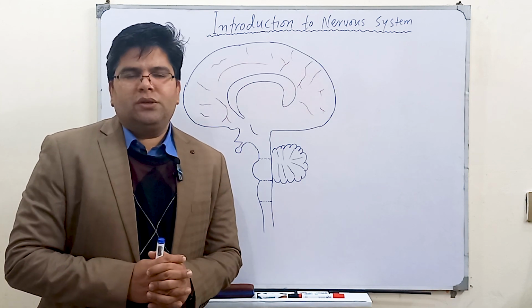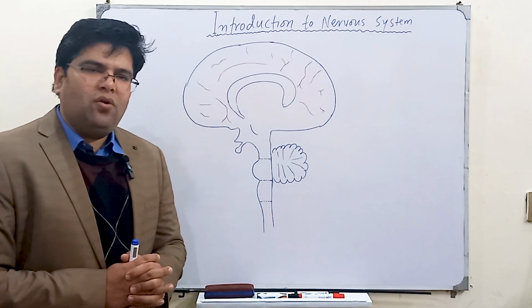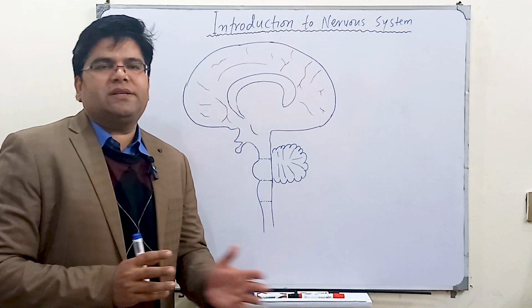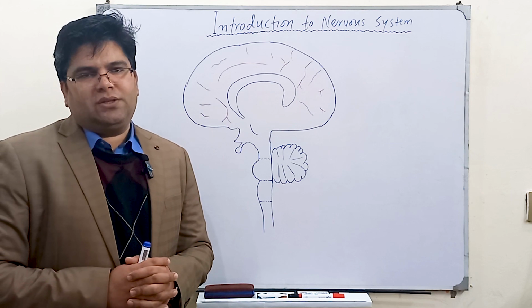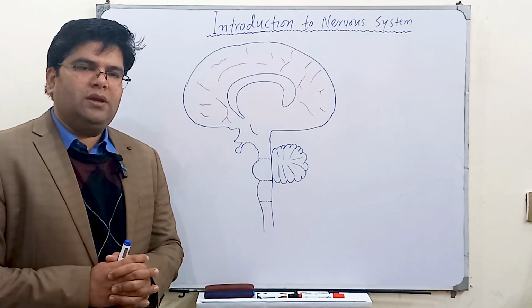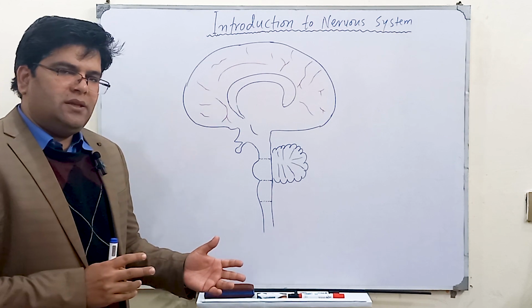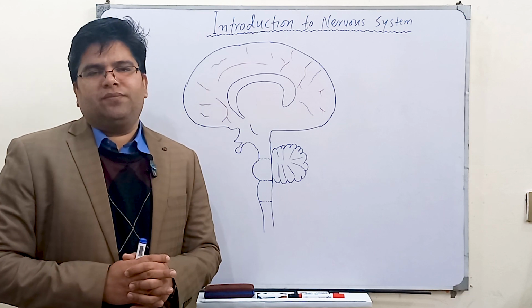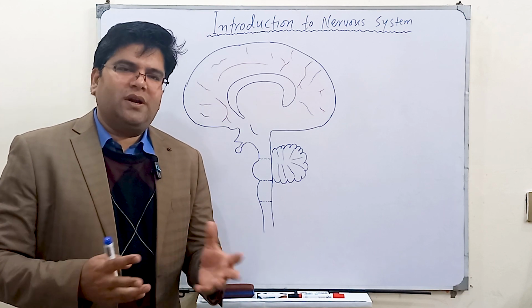We have also studied the organization of nervous system, which is organized into peripheral and central nervous system and their divisions. Now in today's session, we will study that our nervous system is very similar to computer in its function.